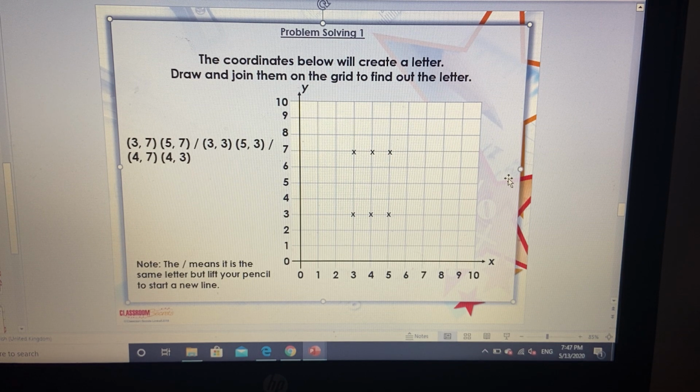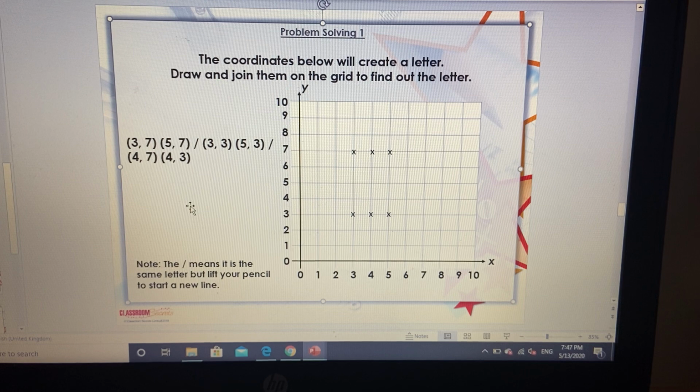So if I was drawing it, I would go from 3, 7 to 5, 7, so I'd go across and I'd take my pencil off, and I would go from 3, 3 to 5, 3 straight across and take my pencil off, and then I would go from 4, 7 to 4, 3. So try lining that up yourself and see what letter you get.